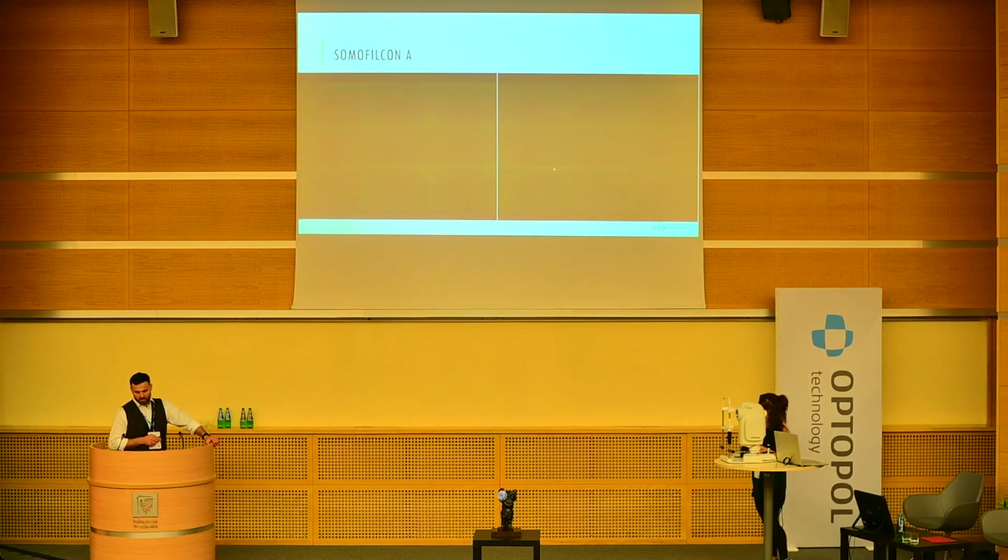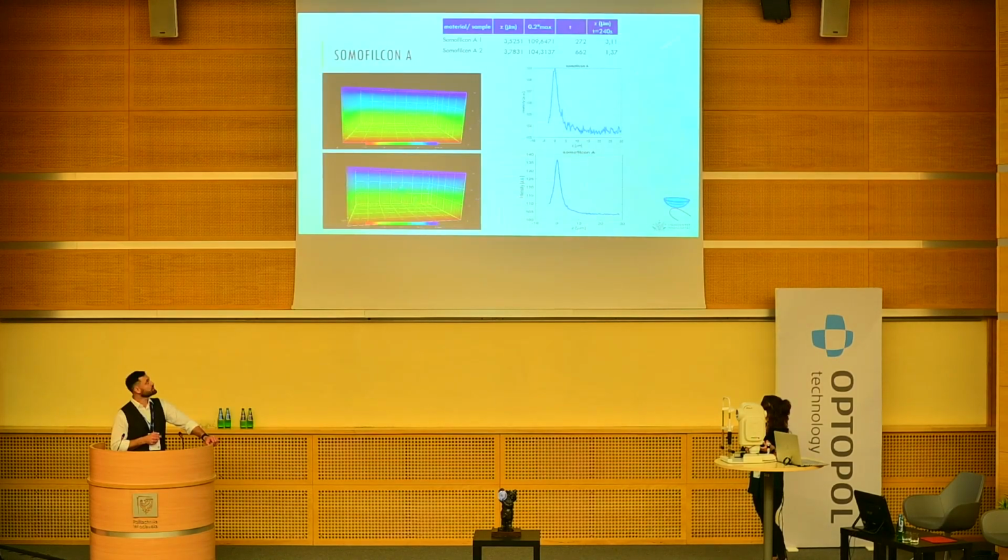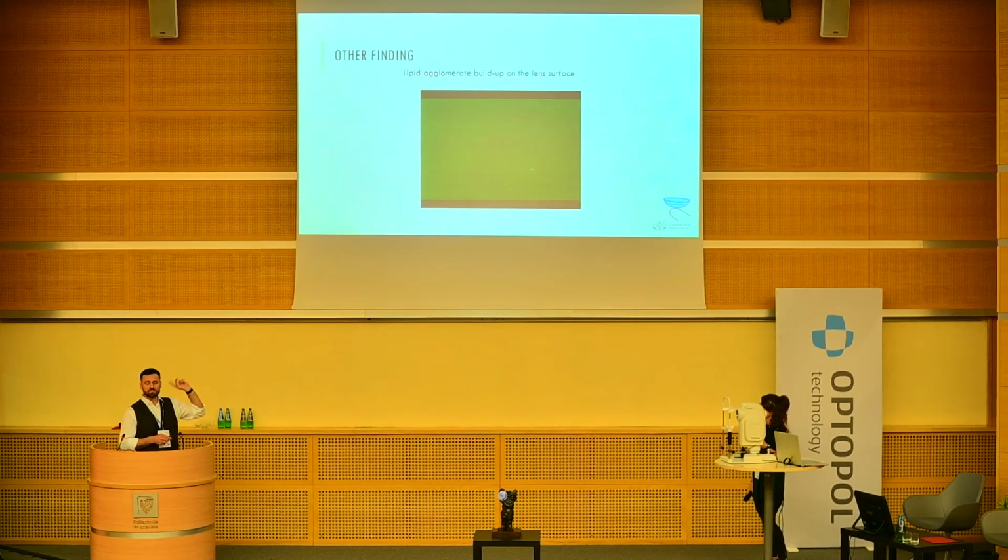And Silicone A, I think it's the last one, so there are not a lot of lipids in this sample. So we also have the numbers here, and more than that, we did an additional sample which was not presented here, getting a little lower during the measurements.